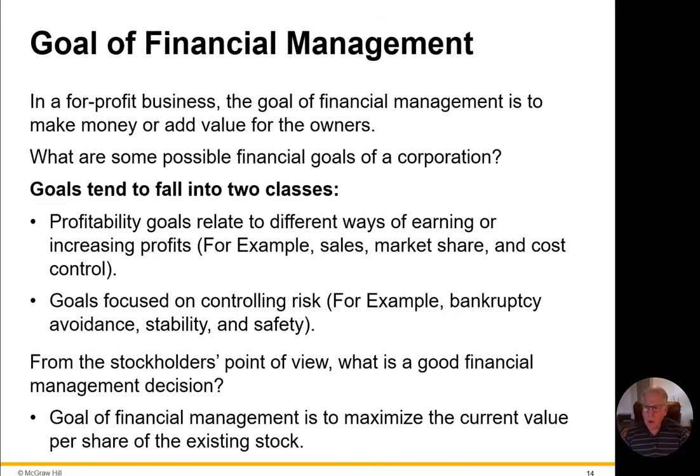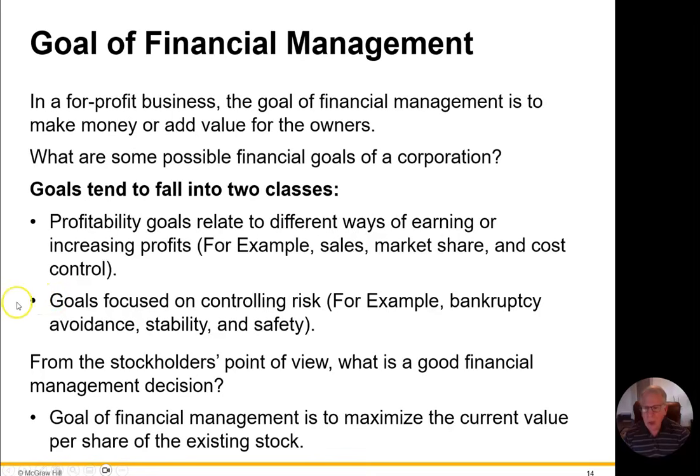Okay, so the goal of a for-profit company is to make money and add value for the owners. And so what are some of those possible goals? Well, some of them tend to fall into two classes. One is a profitability goal, and that's pretty easy to understand. Those relate in different ways to increasing profits. You can increase market share, you can increase sales, you can reduce costs, those kinds of things.